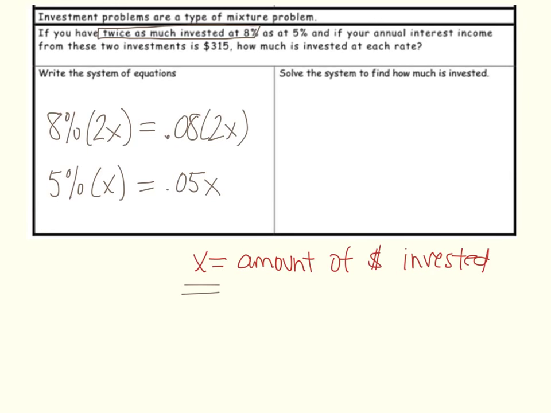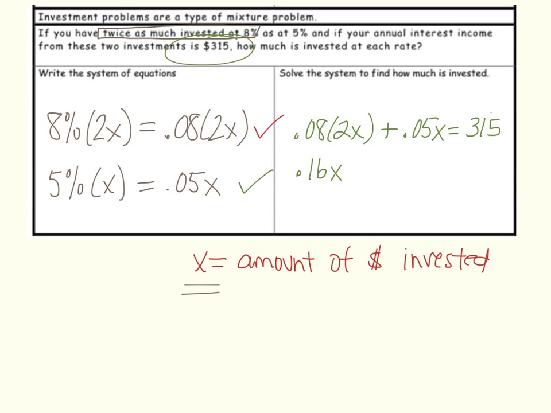So the total from the first investment and the total from the second investment has to be $315. So 0.08 times 2x plus your other investment, which is 0.05x, has to equal $315. So we're going to distribute and combine like terms.